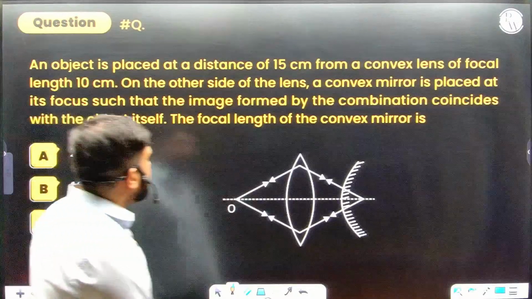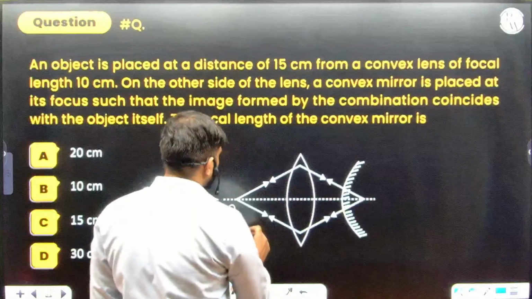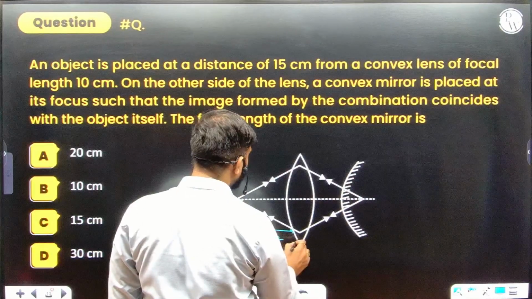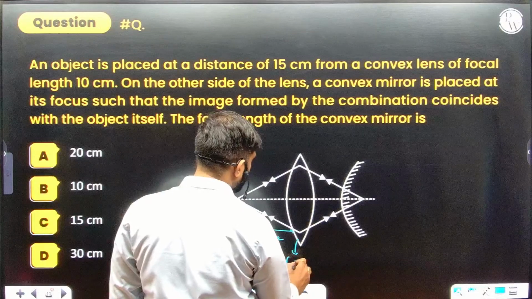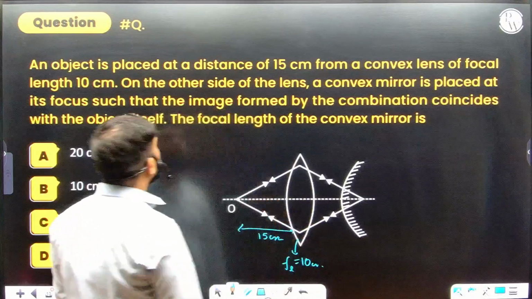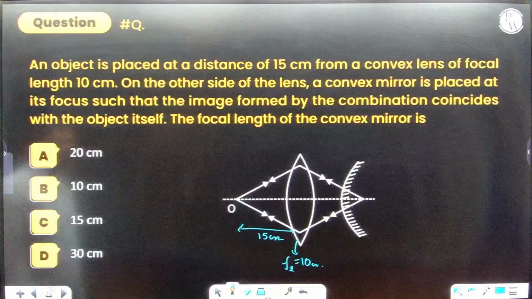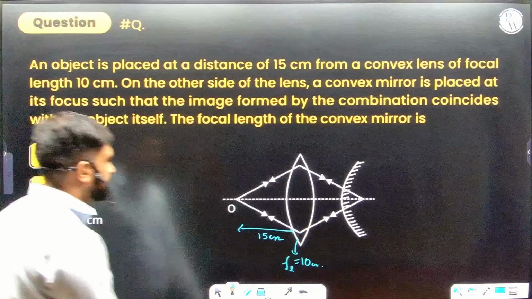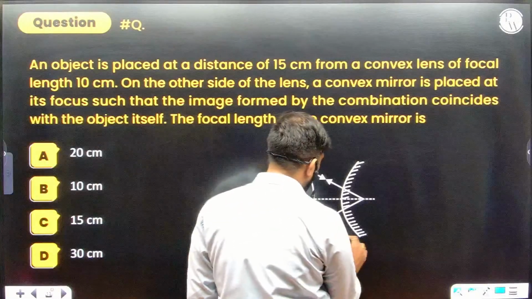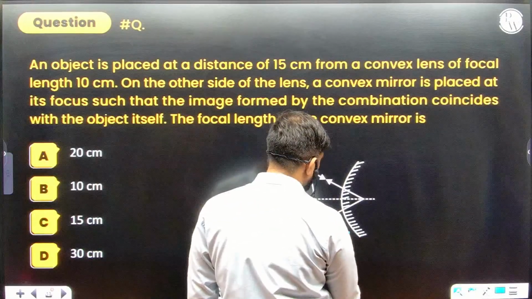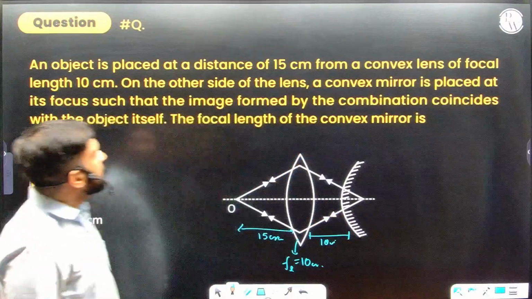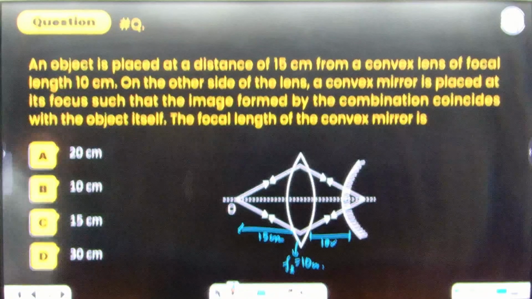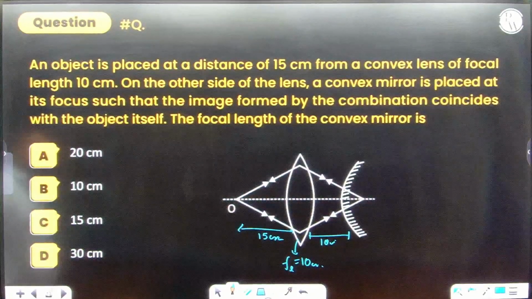The object is placed at 15 centimeters from the convex lens and the focal length of the lens is 10 centimeters. On the other side, there is a convex mirror placed at its focus, 10 centimeters from the lens. And they are saying that the image formed by the combination coincides with the object itself.